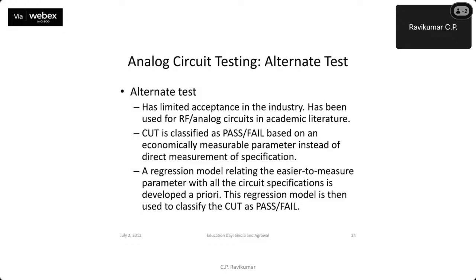It is in the past. See, this presentation was made in 2012, so they say that it has limited acceptance in the industry. But now machine learning is a sort of accepted thing, right? So as a result, this particular method has gained popularity, right?